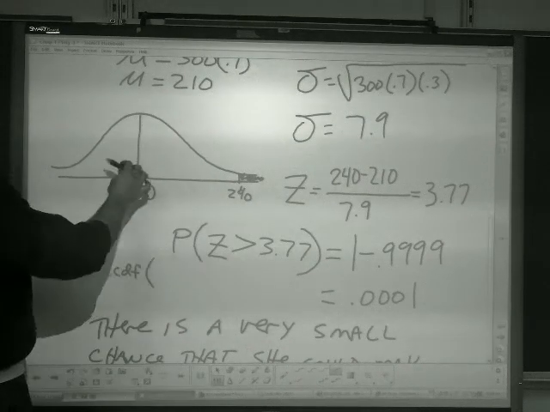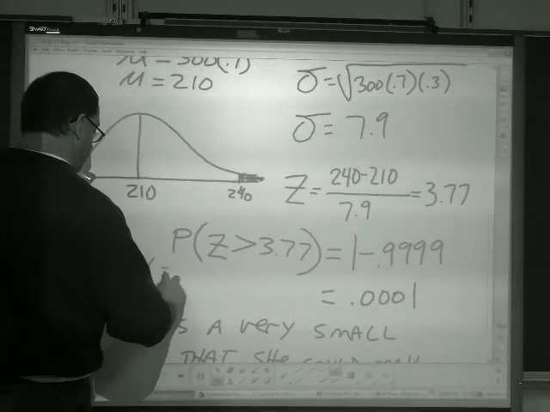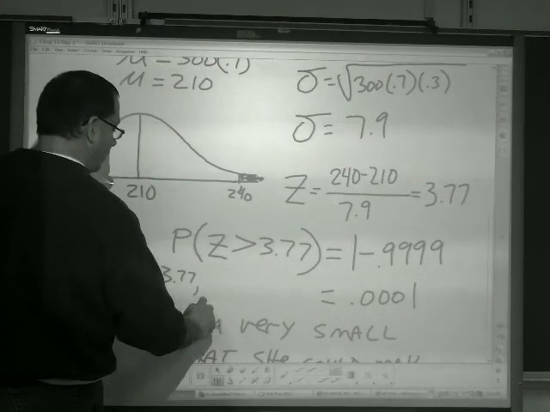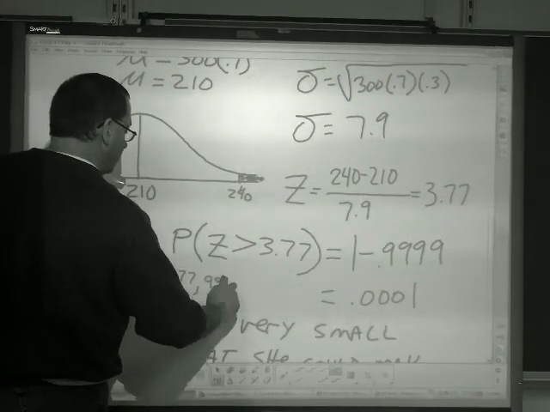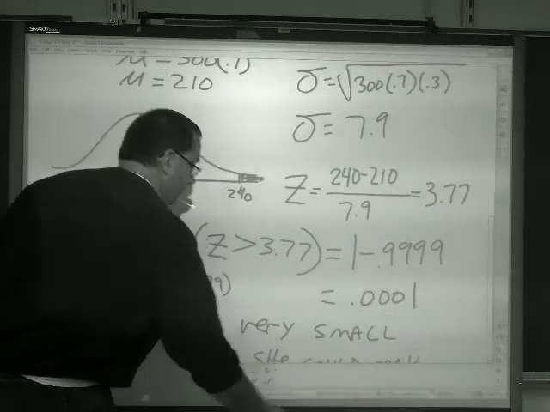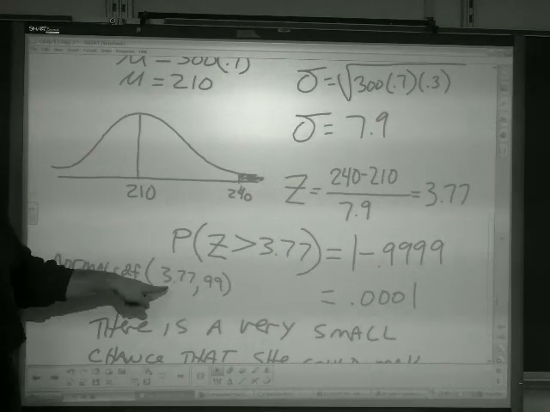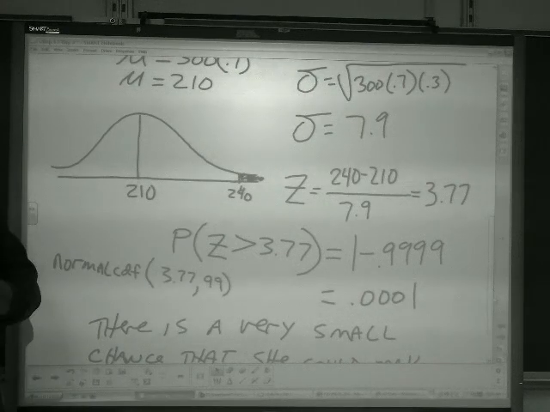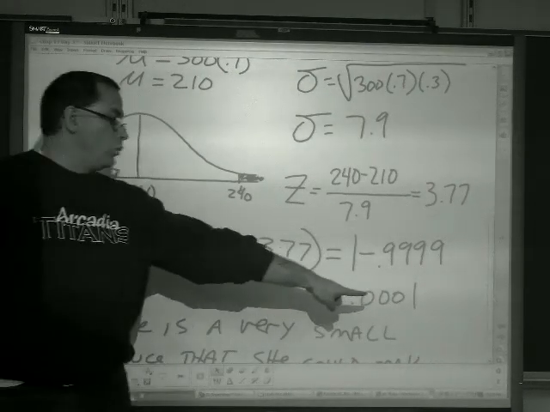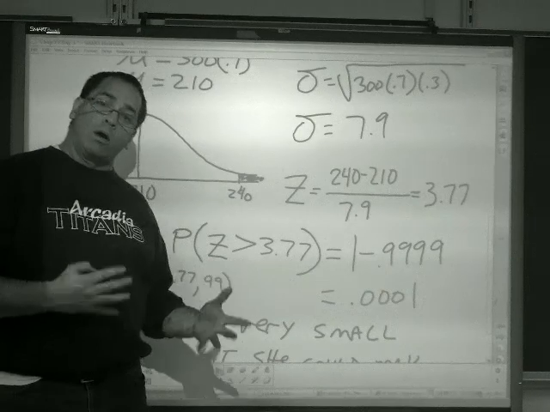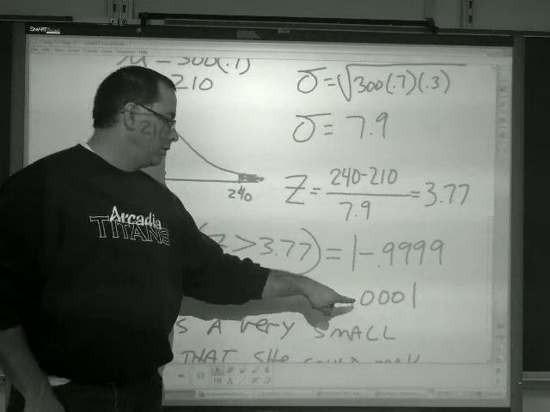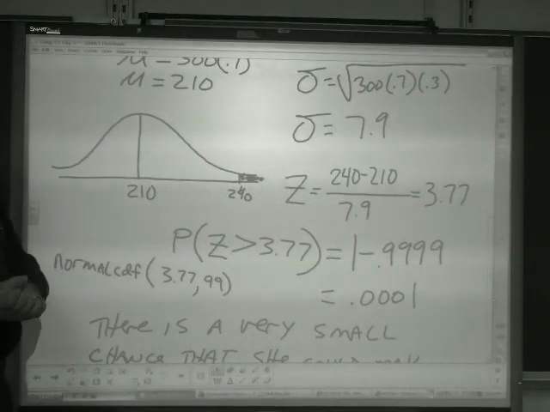Again, lower bound, z-scores 3.77, lower bound, upper bound positive 99, and you would get the same answer. Again, second VARs, normal CDF, lower bound, upper bound, you'd get 0.0001. They might say 1e to the negative 4, which means back it up 4, 0.0001.